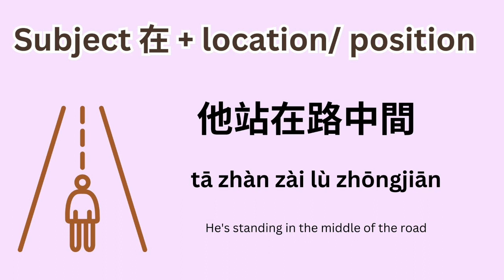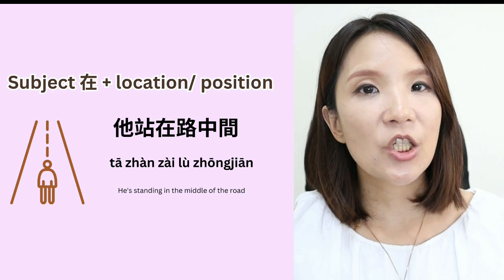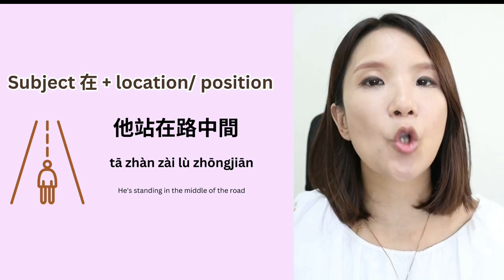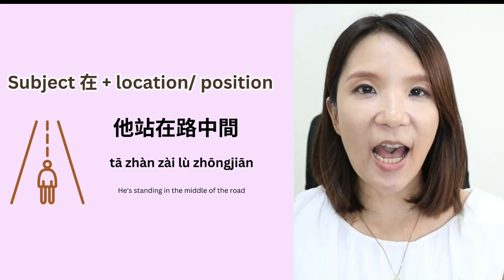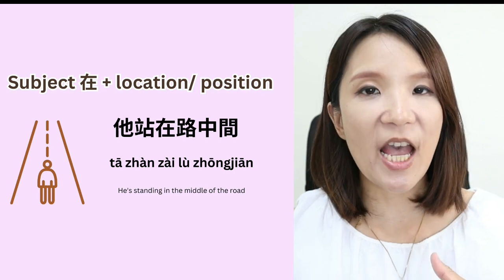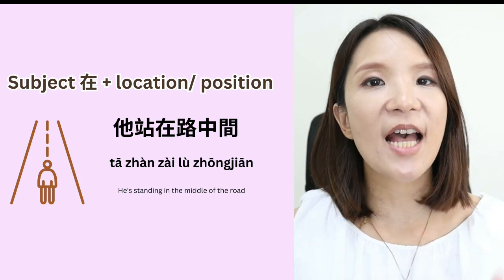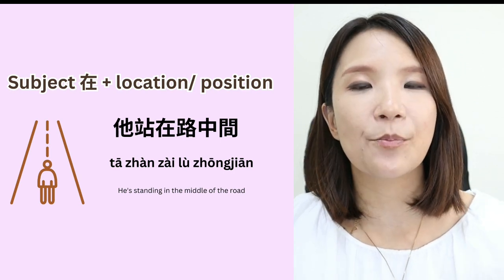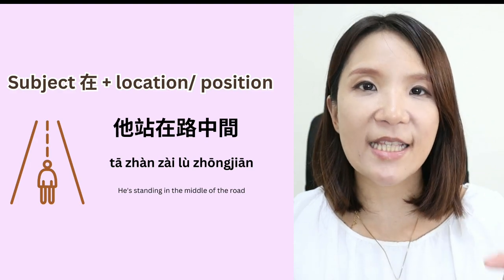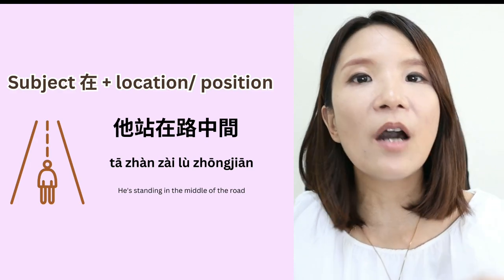The next photo, he is standing in the middle of the road. In Mandarin, we would say, 他站在路中间。他 is the subject, 站 standing, 站在, 在 is the preposition, 站在, in the middle of the road.